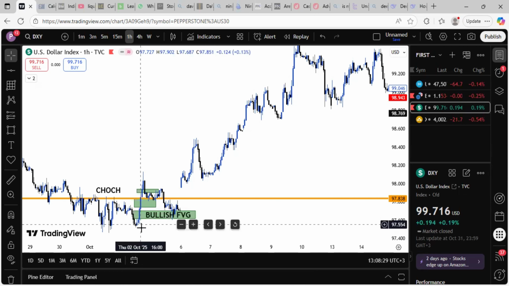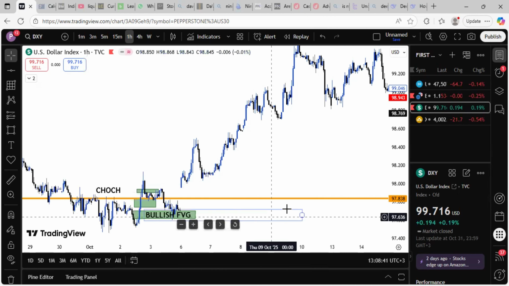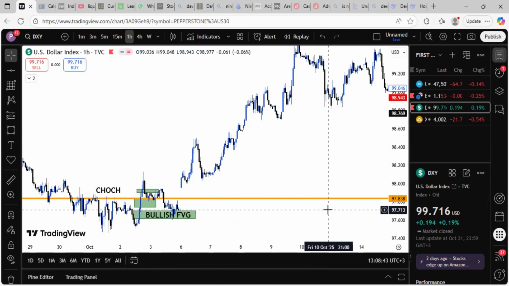Now that we have this impulsive move that shows the buyers came into the market aggressively, we also want to see other confluences like a change of character. We still need more, like order blocks. So how are we going to identify the order blocks?